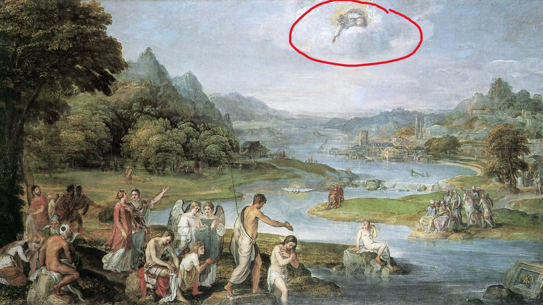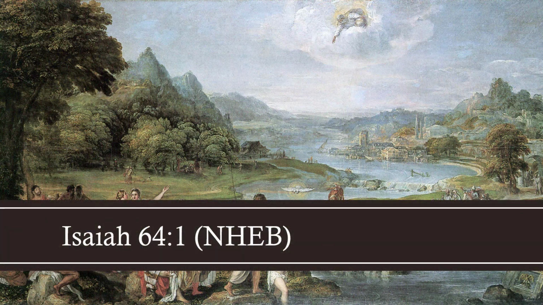It's Isaiah 64:1. And Isaiah 63, leading into Isaiah 64, is talking about the redemption of Israel and the return of God for the sake of Israel, that God would come back and restore the glory of Jerusalem.